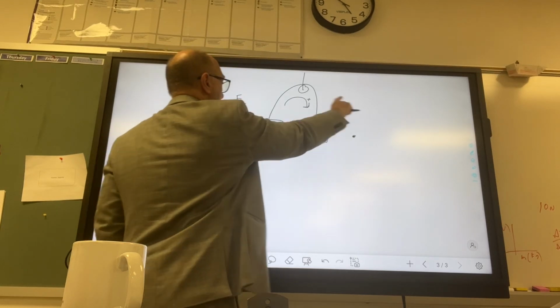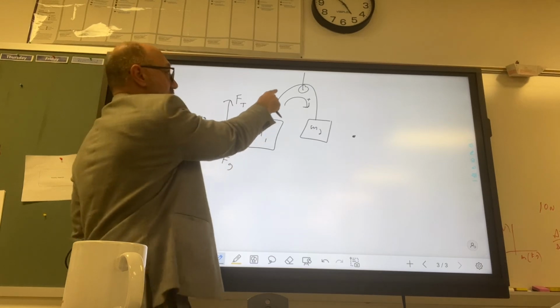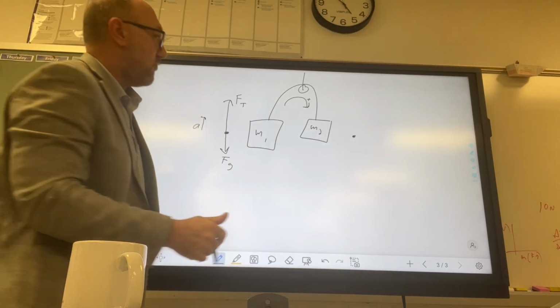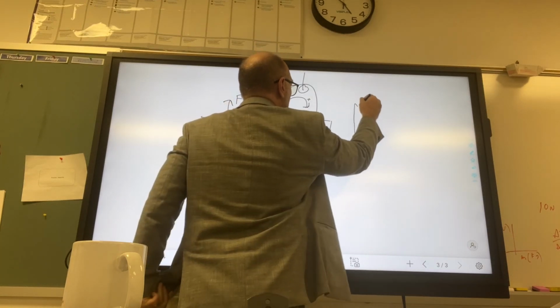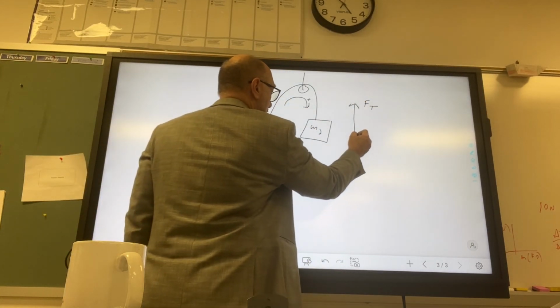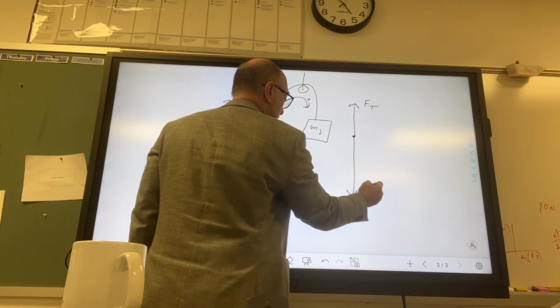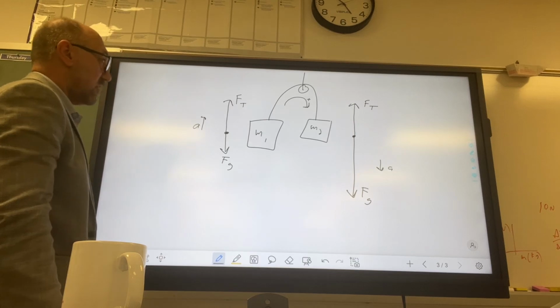Well, first of all, the tensions are going to be the same because it's the same string, and this is a massless, frictionless pulley. Let's take my word for it for now. So I draw this tension the same size, and then gravity has to be larger because he's going to accelerate down. Going to have an acceleration this way.